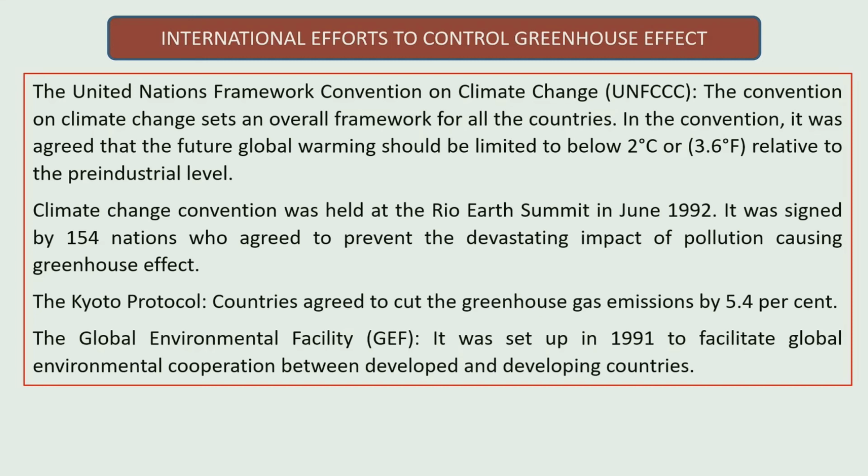Then the third agency was the Kyoto Protocol. These countries agreed to cut greenhouse gas emissions by 5.4%. And the last one is the Global Environmental Facility, GEF. It was set up in 1991 to facilitate global environmental cooperation between developed and developing countries.